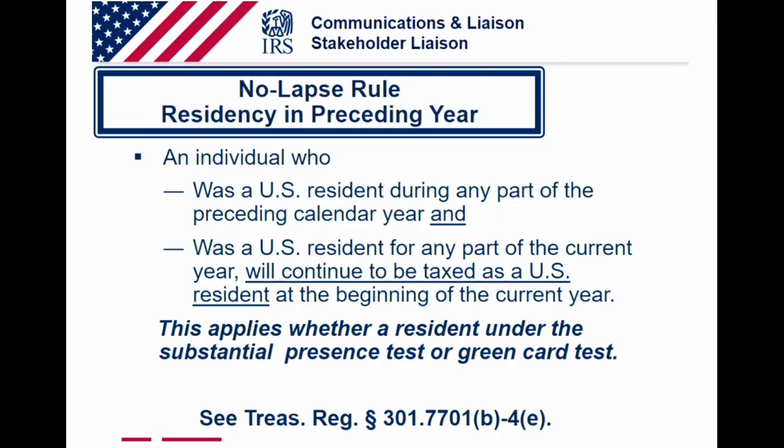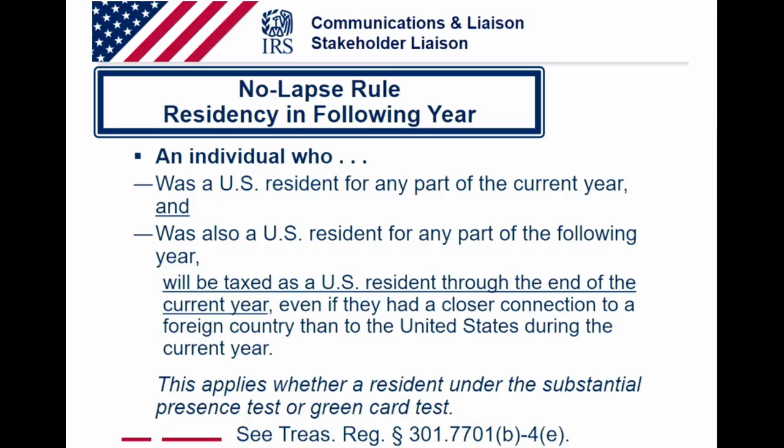So under the no lapse rule, an individual who was a U.S. resident during any part of the preceding calendar year and was a U.S. resident for any part of the current year, they will continue to be taxed as a U.S. resident at the beginning of the current year.